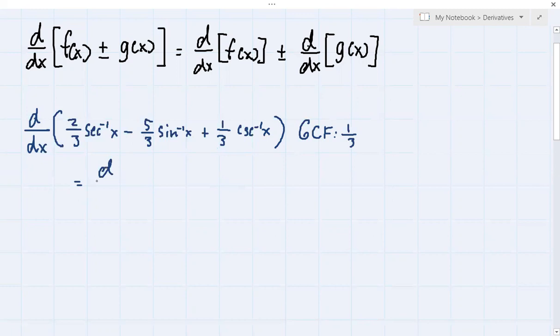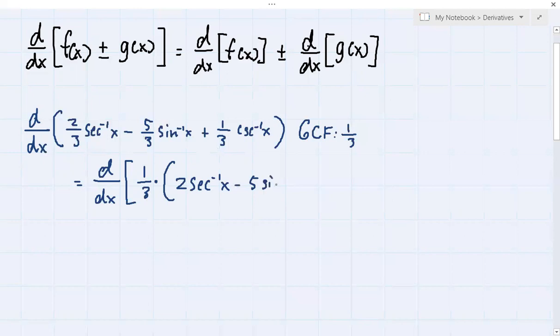We can rewrite the given problem as the derivative of 1/3 times the quantity 2 times arcsecant minus 5 times arcsine plus arccosecant.